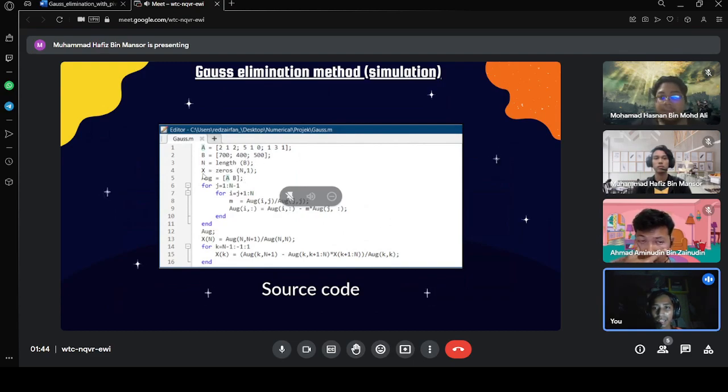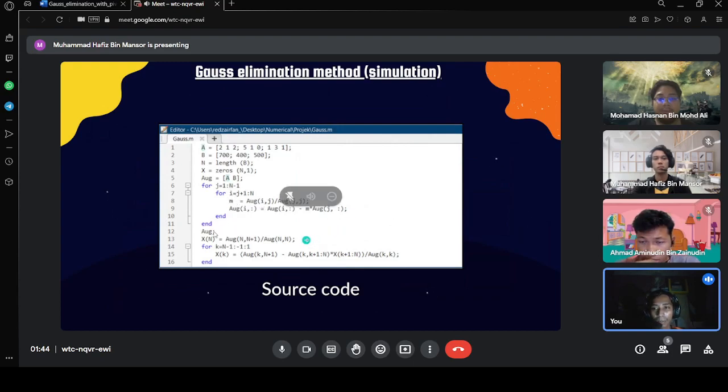Then n is the length of the augmented matrix that we need to insert in the source code. Next, the line for j equal to 1 to n minus 1 is how we rearrange the numbers in a 3 by 3 matrix shape.